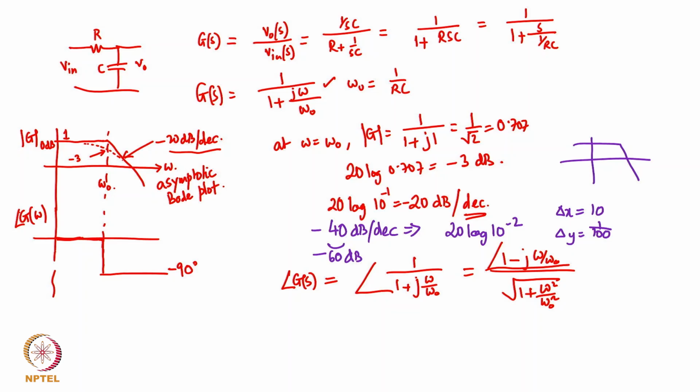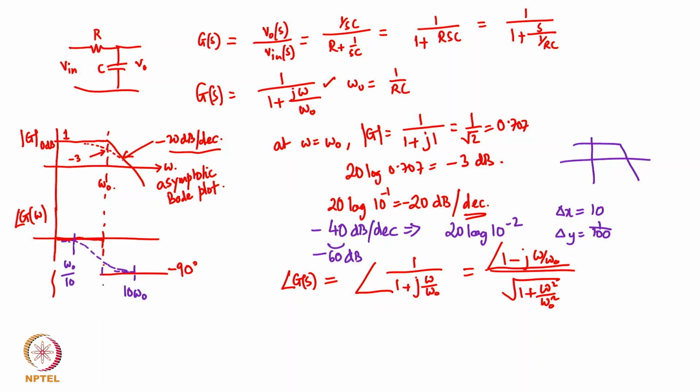Of course, in the actual plot you will see something like this. The angle will go something like this, where this is omega 0 by 10 and here it is 10 times omega 0, roughly.